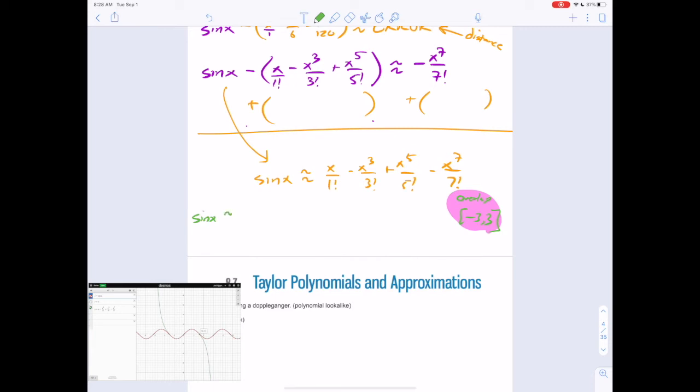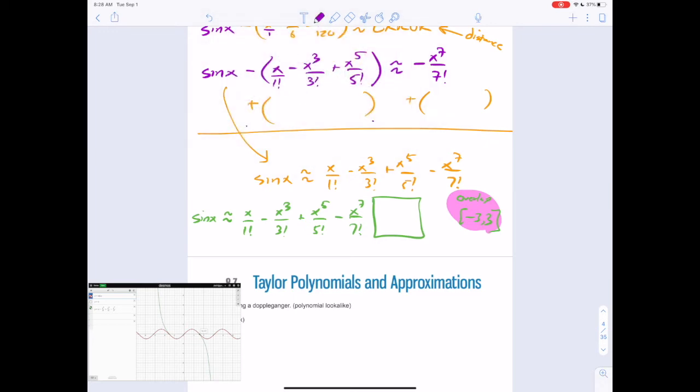Sine x, if we were to improve it by 1 extra term, based on this pattern, x over 1 factorial minus x cubed over 3 factorial plus x to the 5th over 5 factorial minus x to the 7 over 7 factorial. Can you guess what would go next? Okay? Look at the pattern, pause there, play whenever you're ready.